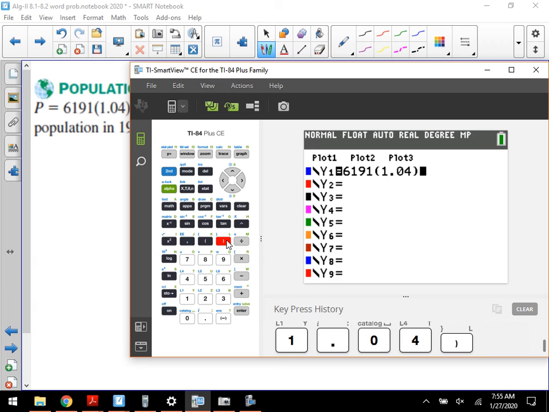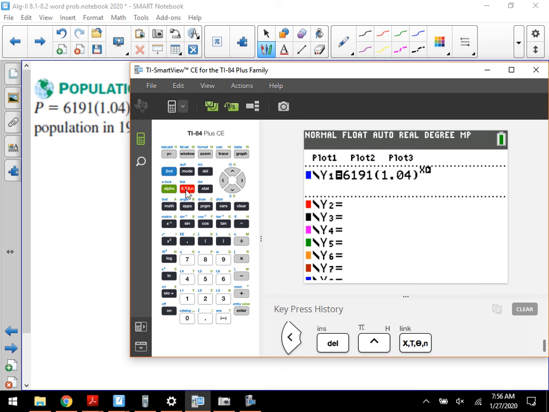And instead of doing 3, because I put 3 in there, it's just going to kick me out a number. It's just going to be linear. I'm going to change that time variable to x. Oops, sorry, I forgot to do the power to the x. So I'm going to type it in like that. We okay with that? Go to your table.